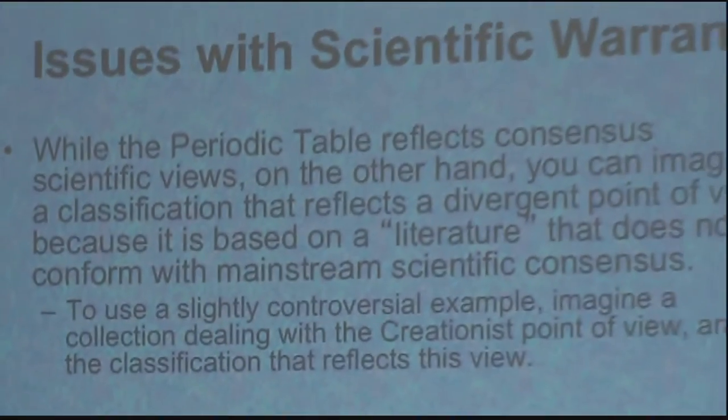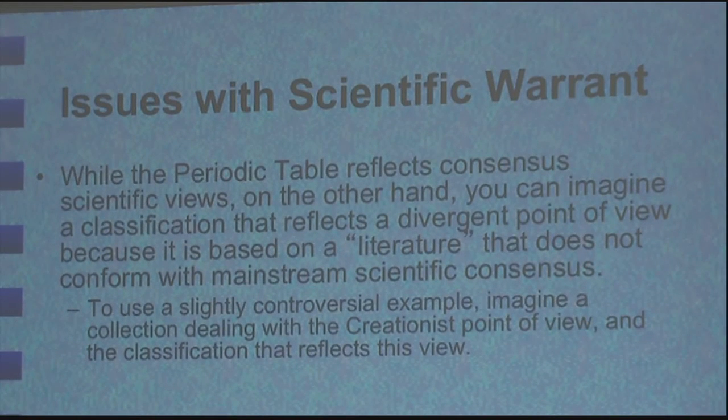So, for example, if you've got a university library in which evolution is considered the norm of science, the accepted way, and you've got a collection on the creationist point of view, how do you fit that in, right?